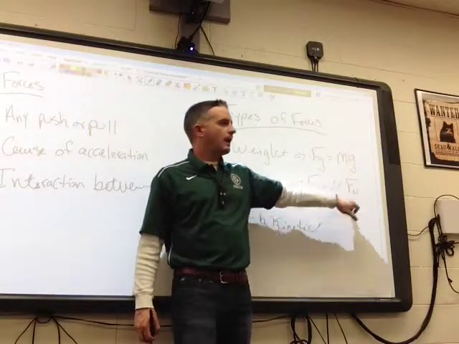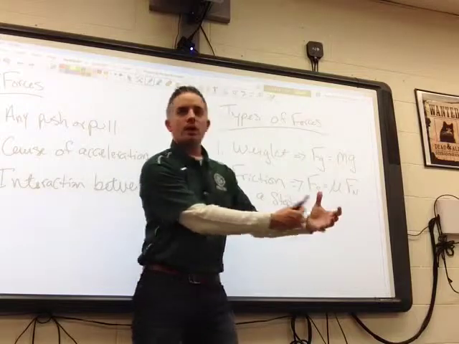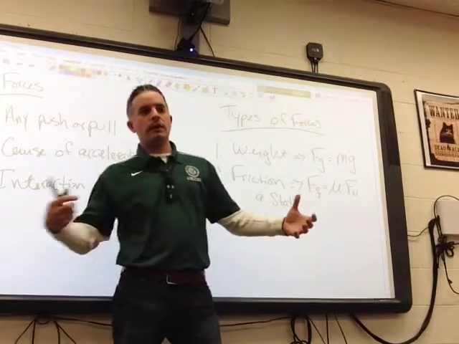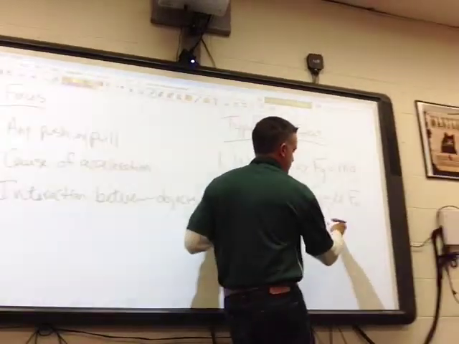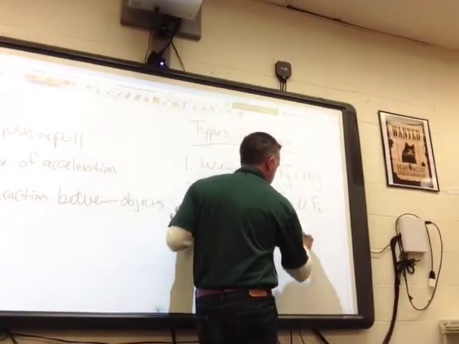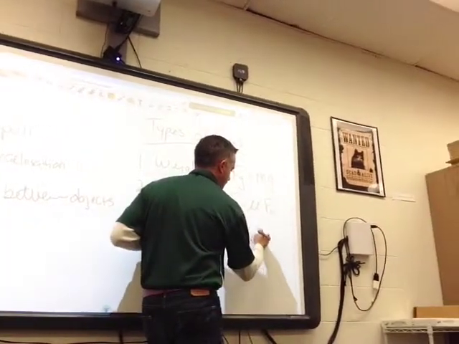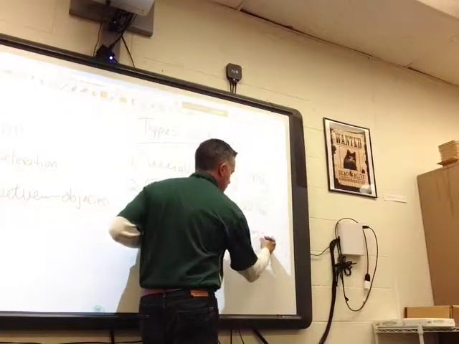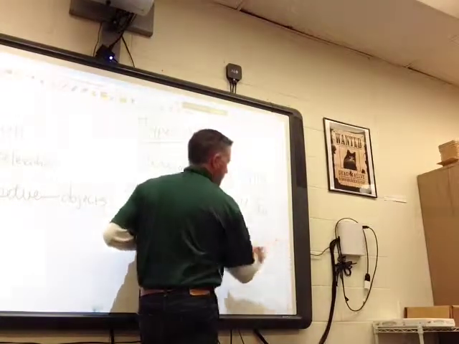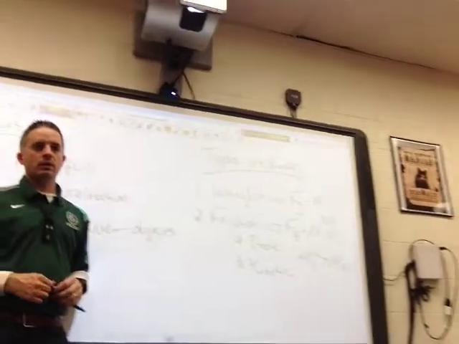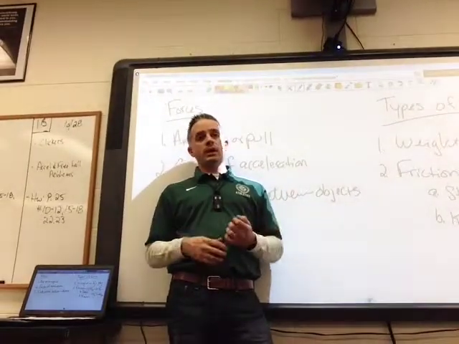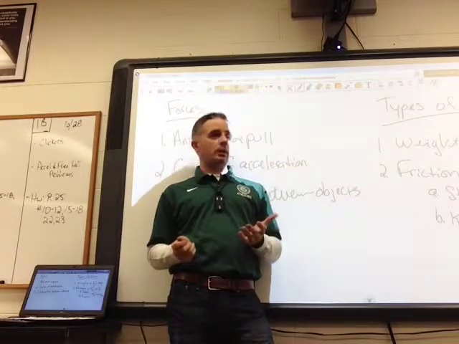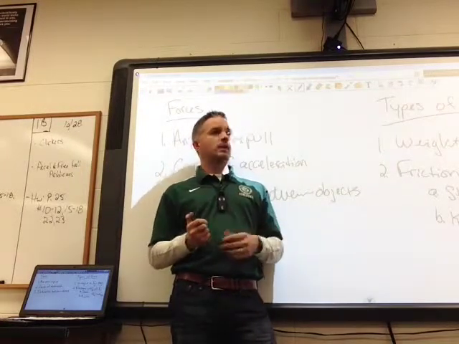It's going to take more force to overcome static than to keep it going once kinetic is involved. So something very important is that the coefficient of static friction will always be greater than the coefficient of kinetic friction. And it should be a number less than 1. Every coefficient of friction is less than 1. Okay, so it's point something.